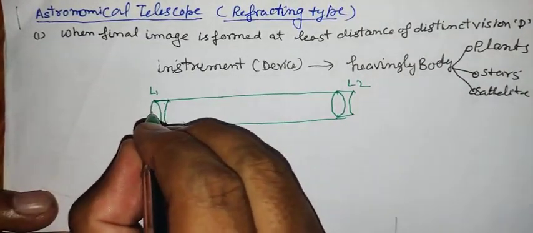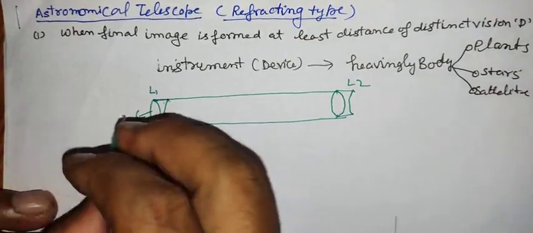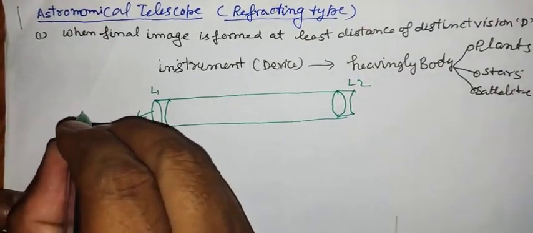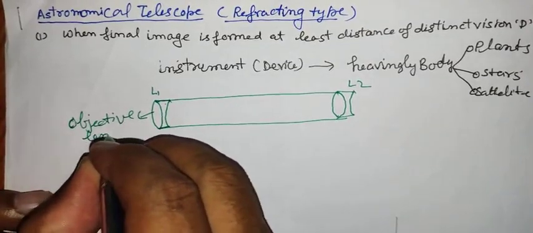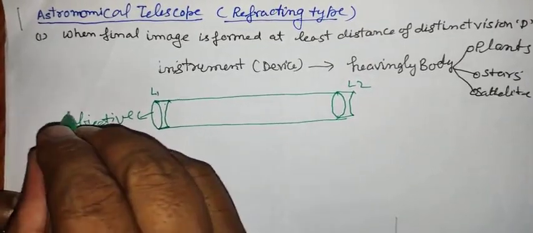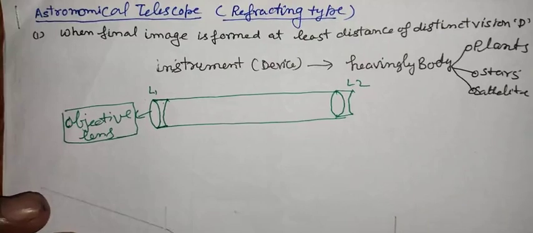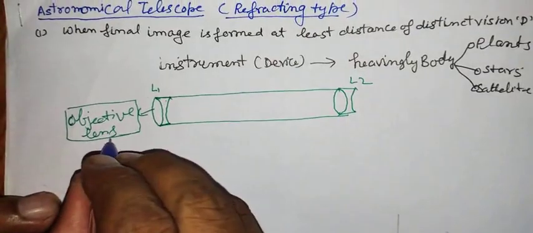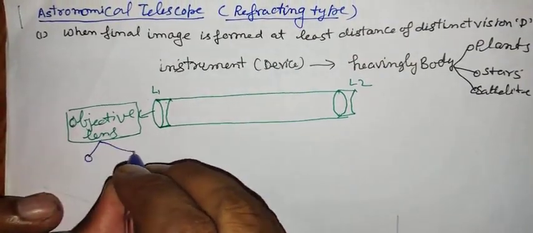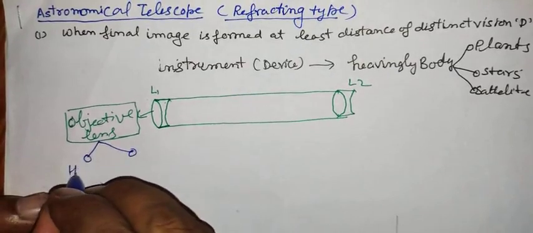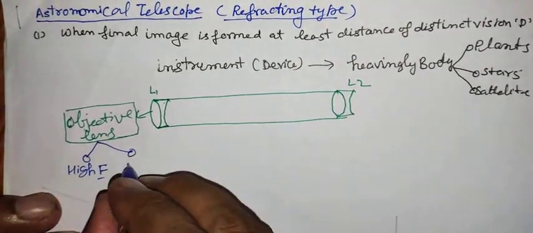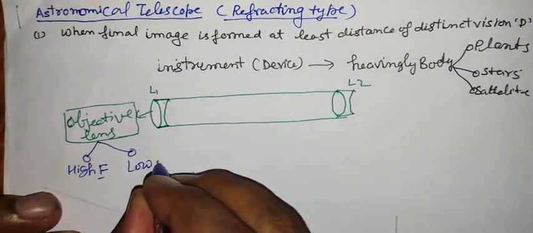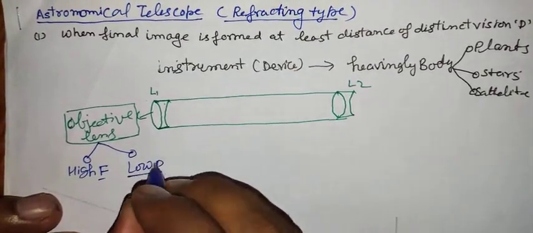L1 is called the objective lens. This objective lens has two properties: high focal length, where F stands for focus, which means we may say low power.